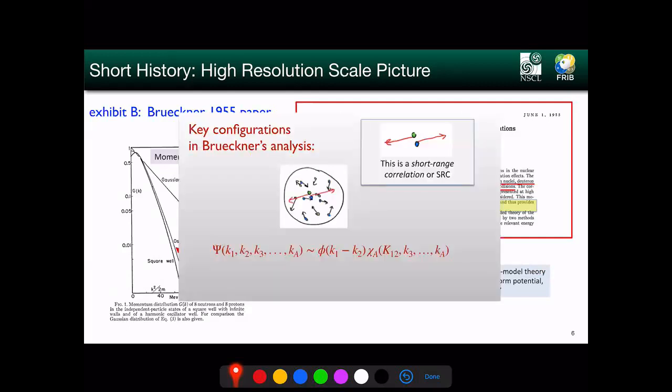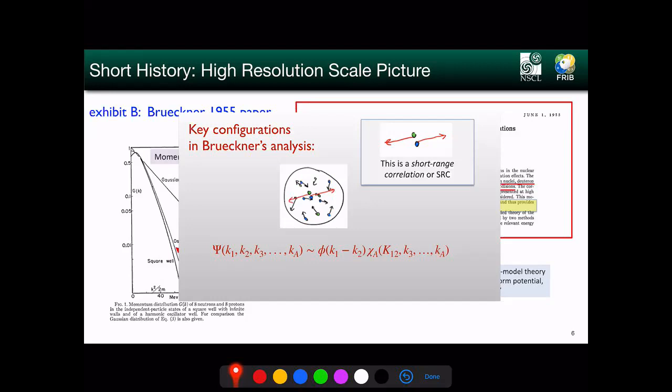And one thing I want to point out, because it will appear subsequently when I discuss modern short-range correlation phenomenology, is it's very interesting. In this paper from like 70 years ago, Bogner already identified basically the key configurations to make his analysis work.